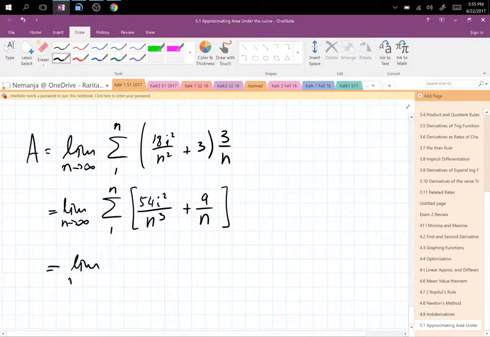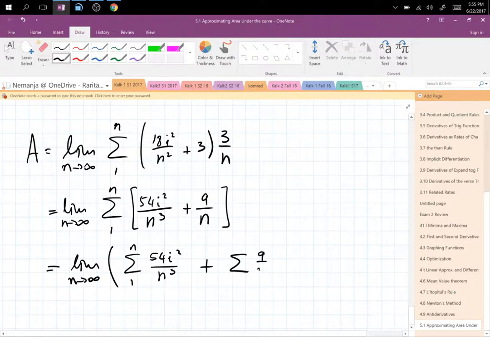Limit n goes to infinity, and now in parentheses I have a summation 1 to n of 54i squared over n cubed plus summation of 9 over n, again 1 to n for summation. Limit applies to both, so I have to put the parentheses there.